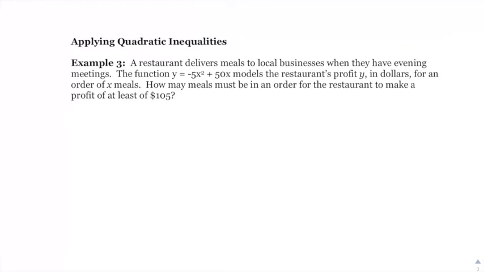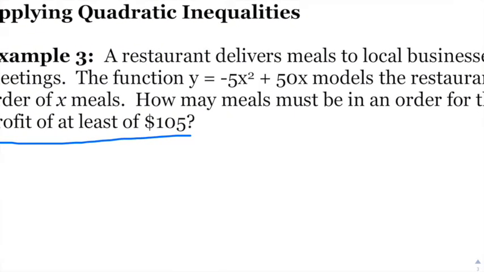So anyways, a restaurant delivers meals to a local business when they have evening meetings. The function -5x squared plus 50x models the restaurant's profit y in dollars for an order of meals. How many meals must be in an order for the restaurant to make a profit of at least 105?